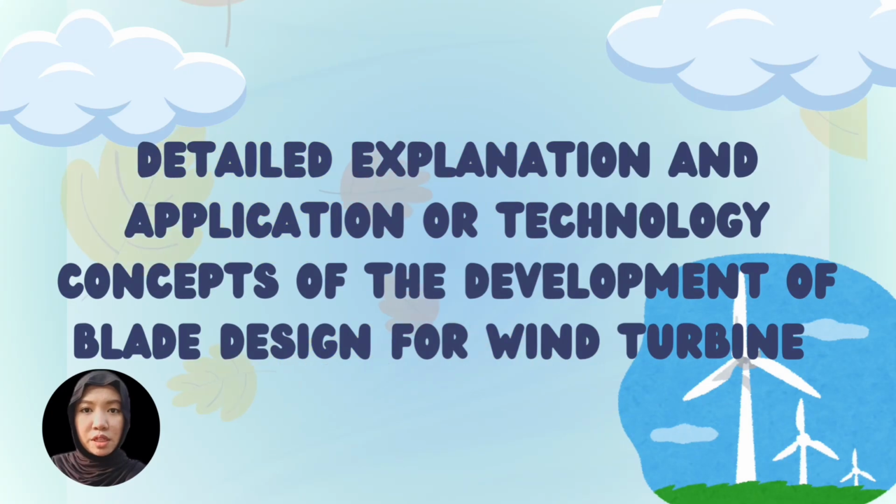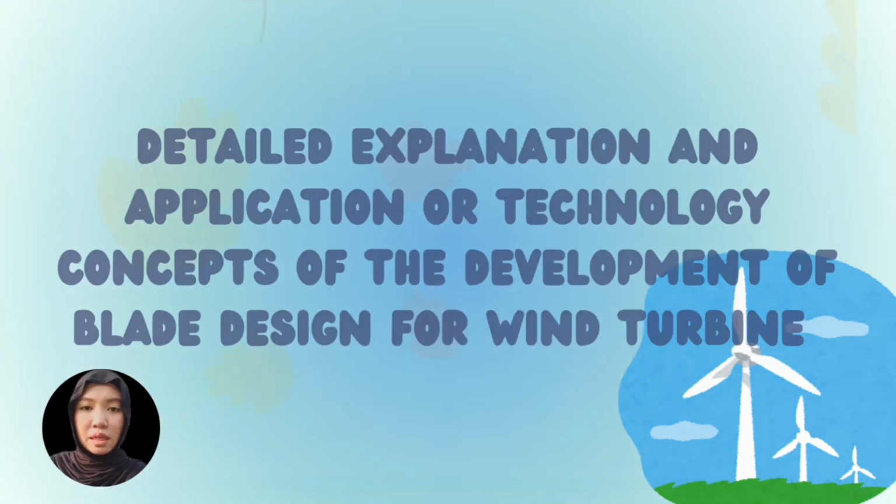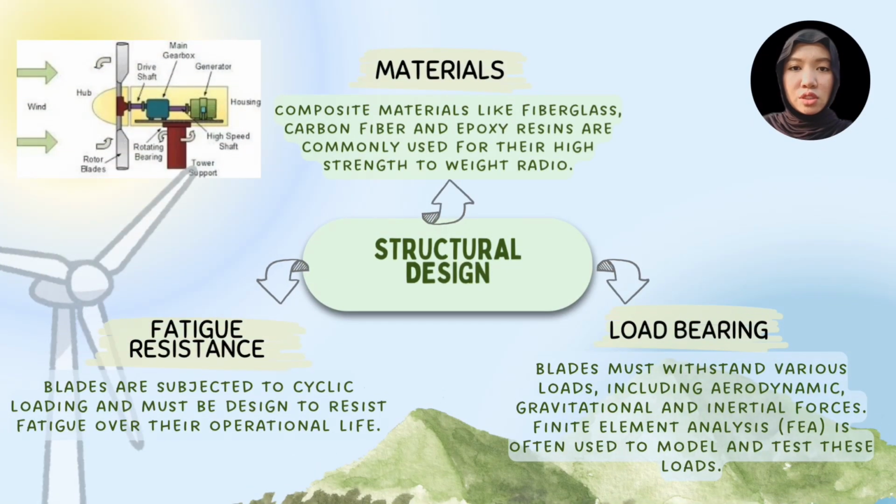Next, the detailed explanation and application of technology concepts of the development of blade design for wind turbines, such as structural design. First, materials. Composite materials like fiberglass, carbon fiber, and epoxy resin are commonly used for their high strength-to-weight ratio. Second, fatigue resistance.